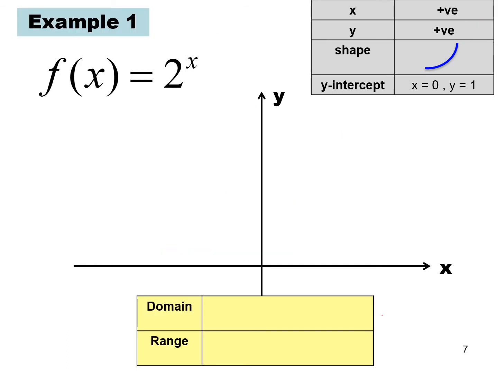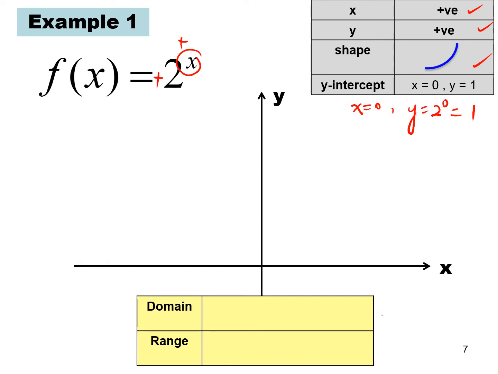Okay, f(x) equals 2 to the power of x. For x here is positive, for y is positive, correct? And the shape is like this. Positive, positive: x positive, y positive. For the y-intercept, when x is 0, y equals 2 to the power 0, which is 1.